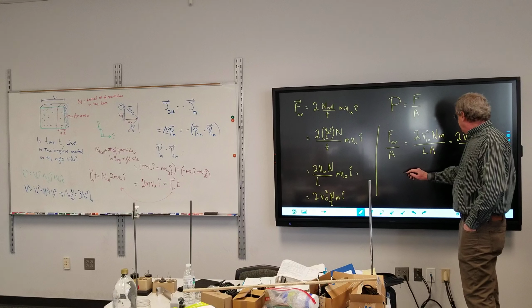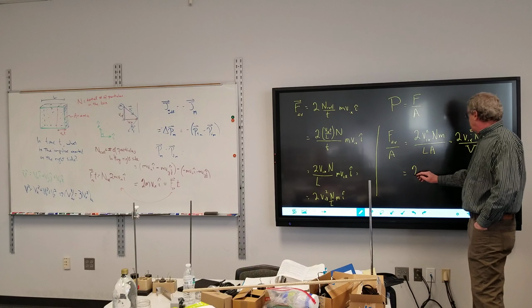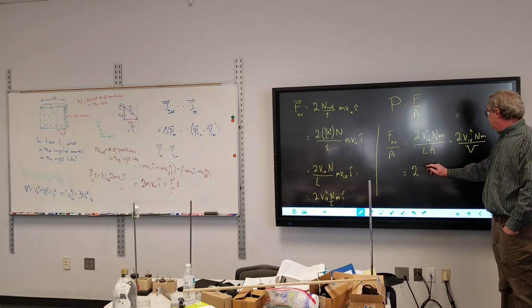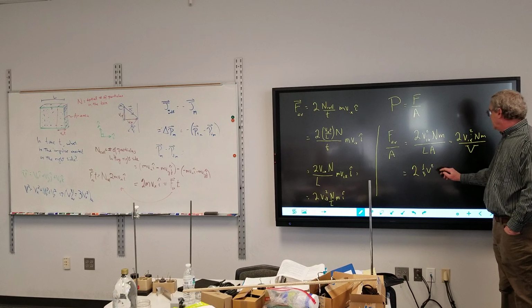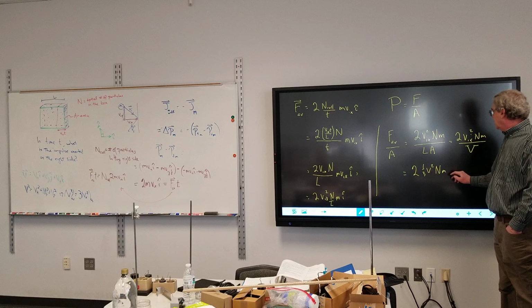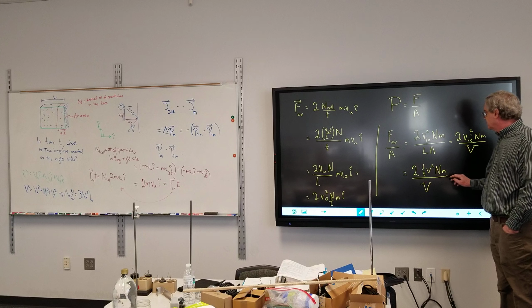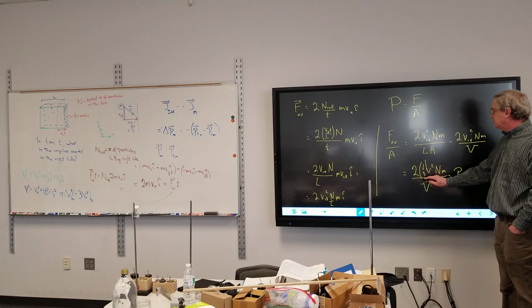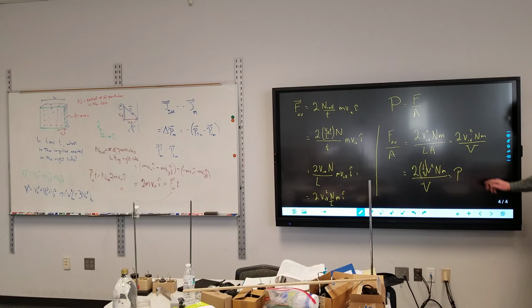So this now becomes 2 times (1/3 v squared) N over V. Can you put parentheses around the 1/3? Yep. Which is just 2 v squared N over 3V.